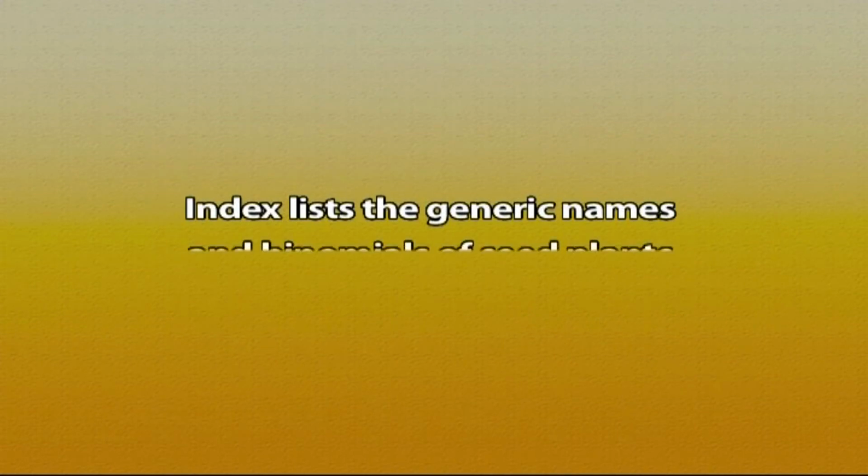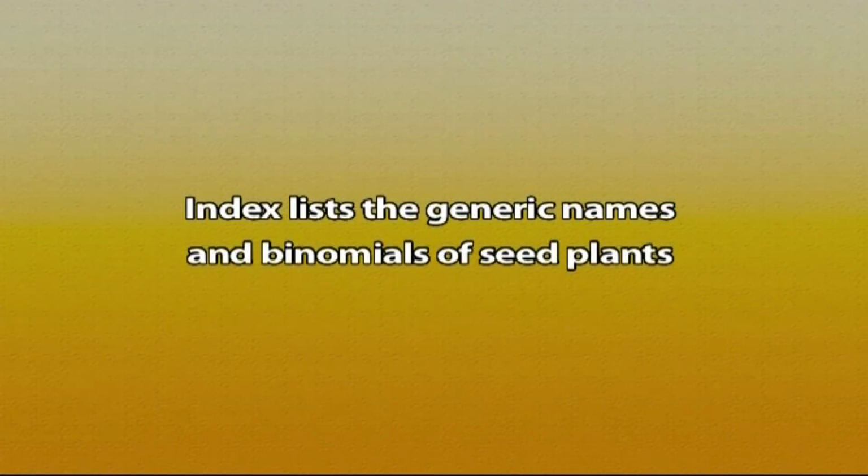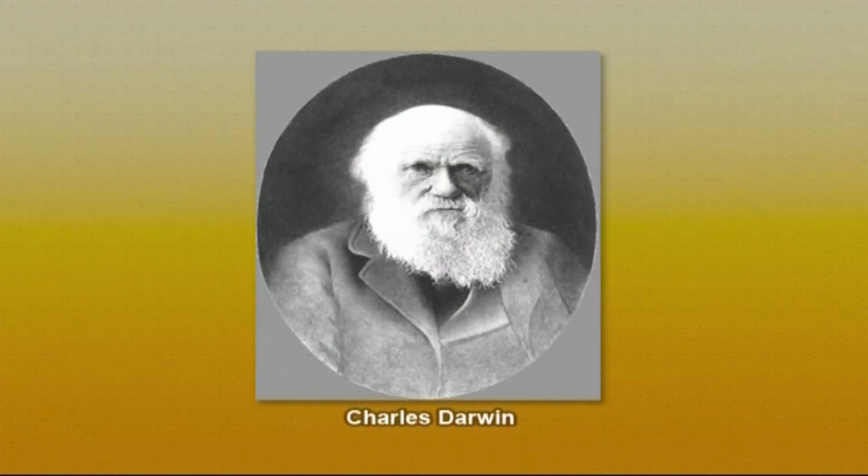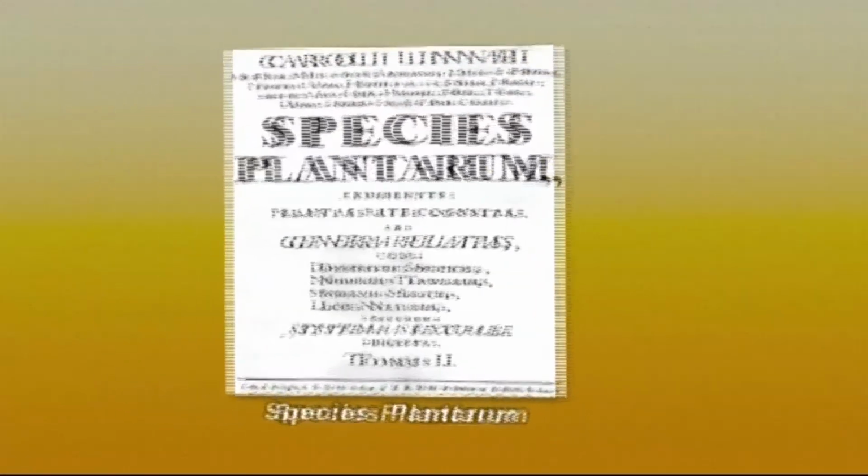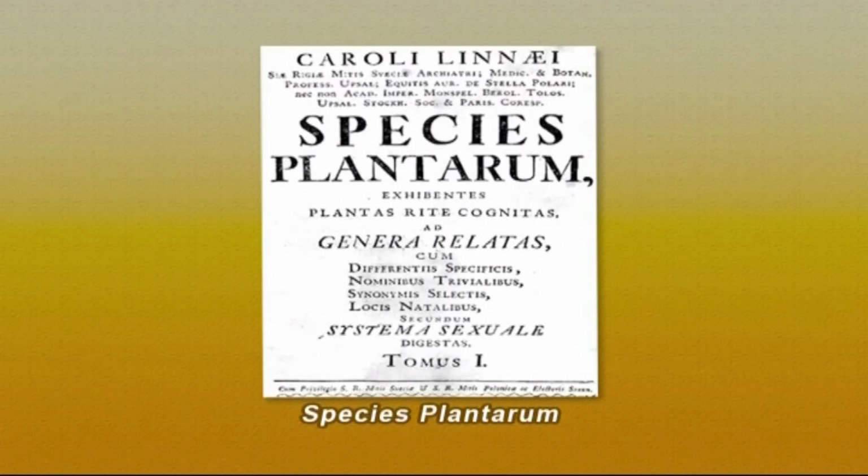This Index Kewensis lists the generic names and binomials of seed plants in an alphabetical order. In fact, it was Charles Darwin who provided funds for the initial indexing effort, and it attempted to capture all the names back to Species Plantarum of Linnaeus, that is 1753.